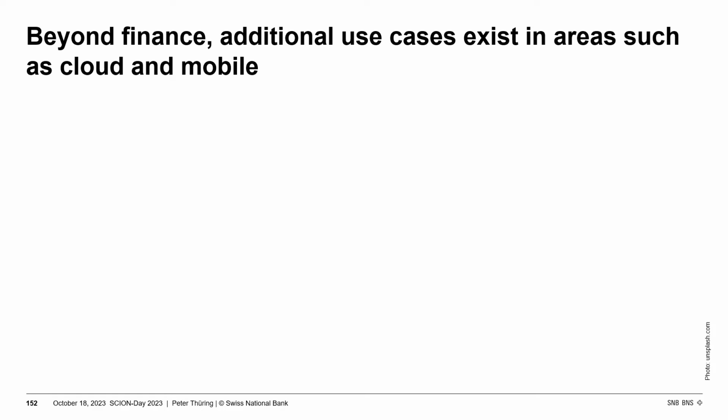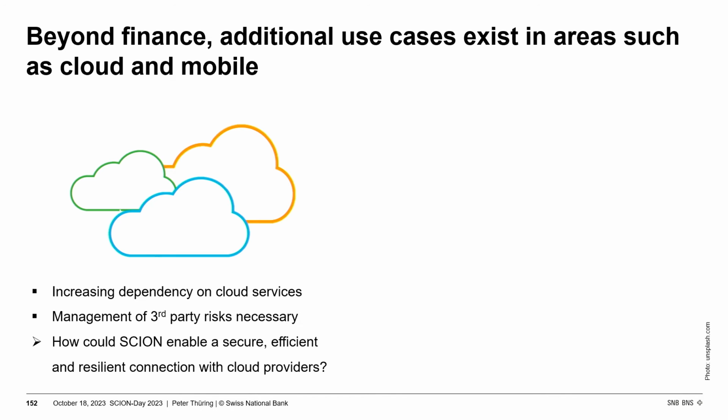What other use cases can the SNB imagine for the financial world or even outside in other industries? One use case, of course, is the secure connection to the cloud service providers. Financial market services and also operational processes of the companies themselves increasingly rely on cloud services. Cloud services have their own availability and confidentiality risks.